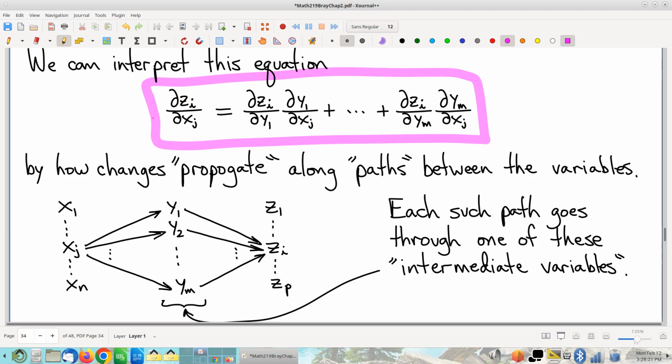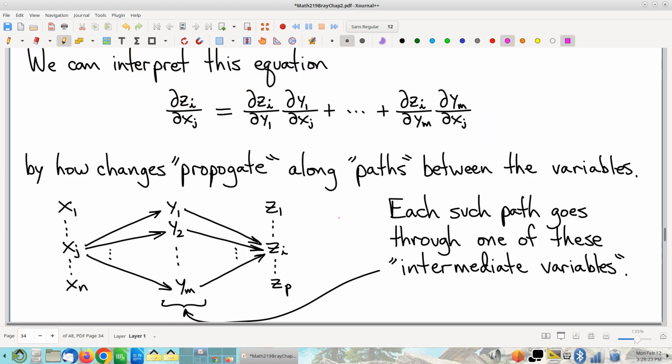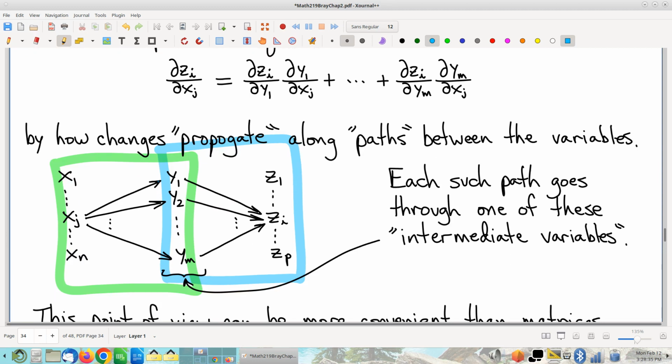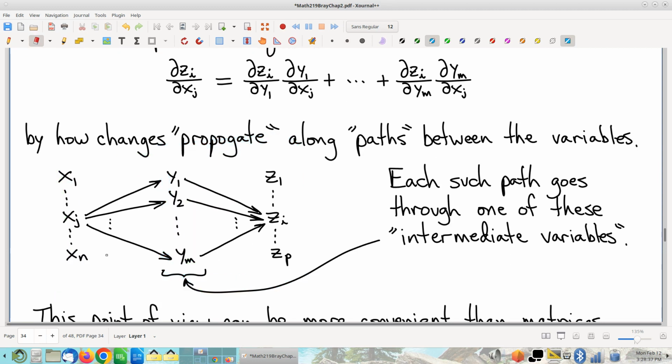And here's my point of view, and keep in mind our setup was that the y's are functions of the x's, and the z's are functions of the y's. So here's our little diagram representing the variables. And let's remind ourselves here that we're thinking about how much does zi change as xj changes.